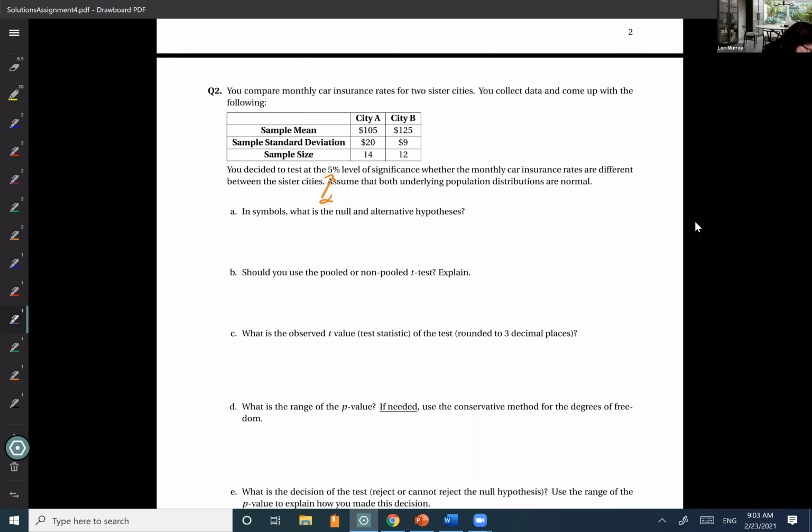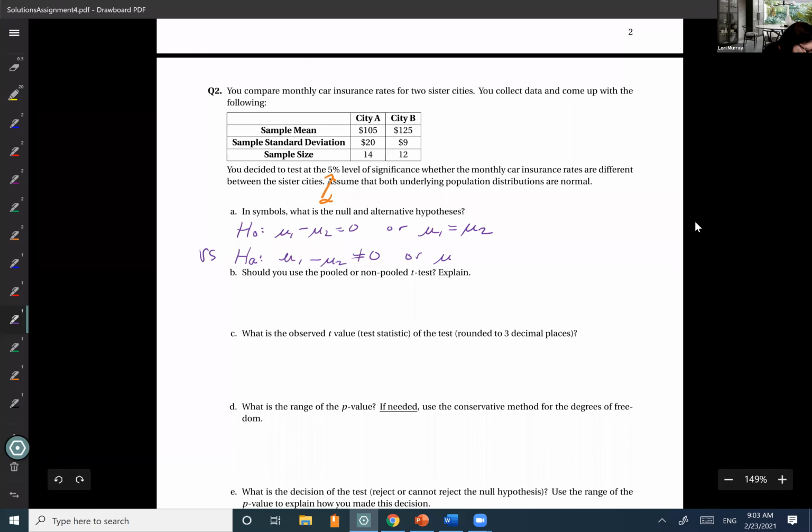So you could do this 2 ways. You could go mu1 subtract mu2 equals 0, or you could go mu1 equals mu2, same thing. Those are both the same. Versus the alternative hypothesis, little a, so for the null hypothesis, that little o is not meaning initial, and then the little a is the alternative hypothesis, so that would be mu1 subtract mu2 does not equal 0, or mu1 does not equal mu2, same thing.